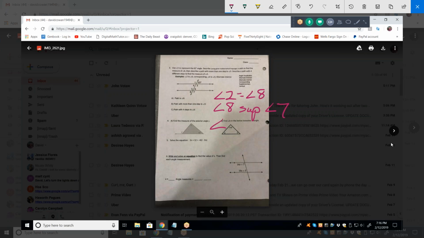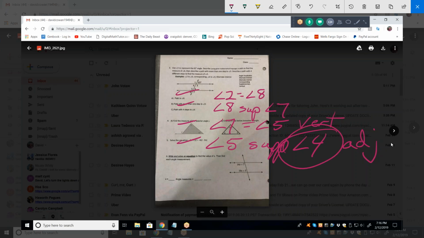Angle 7 is equal to angle 5 because they're vertical angles. And angle 5 is supplementary to angle 4 because they're adjacent next to one another. So there's 4 steps. And by the time you get to that 4th step, angle 4 is equal to angle 2.